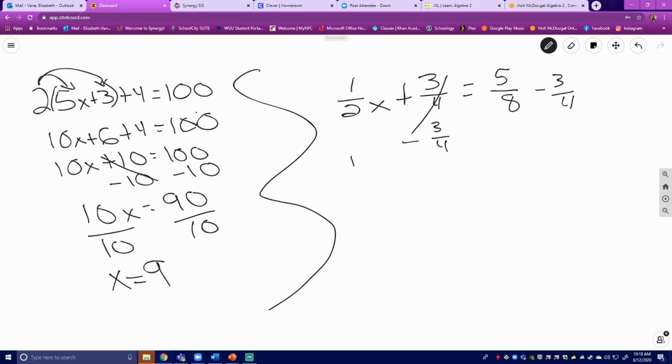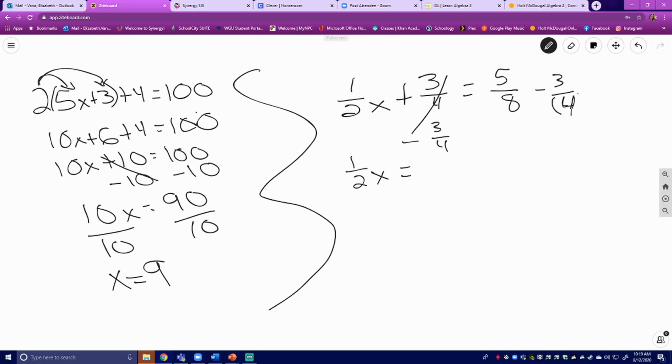All right, now on this side I have 1/2 x equals. Well, we're adding or subtracting fractions with unlike denominators. So we need to have common denominators in order to add or subtract. So a common denominator here would be 8.